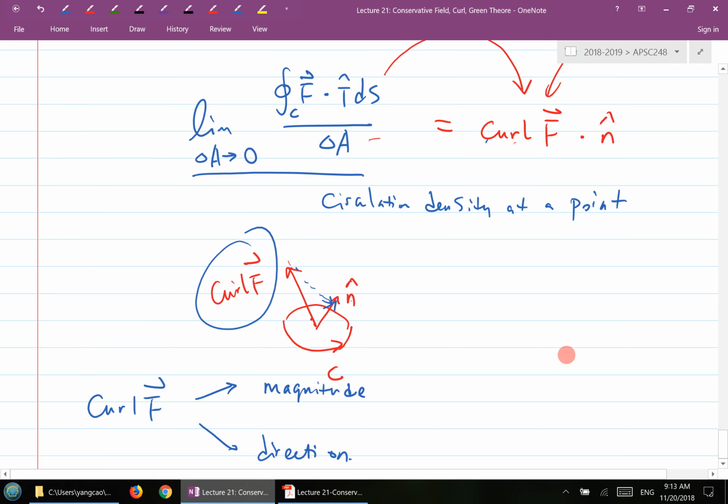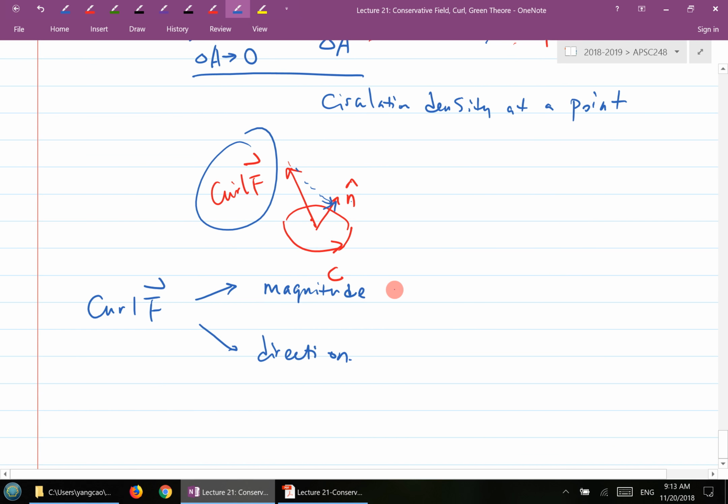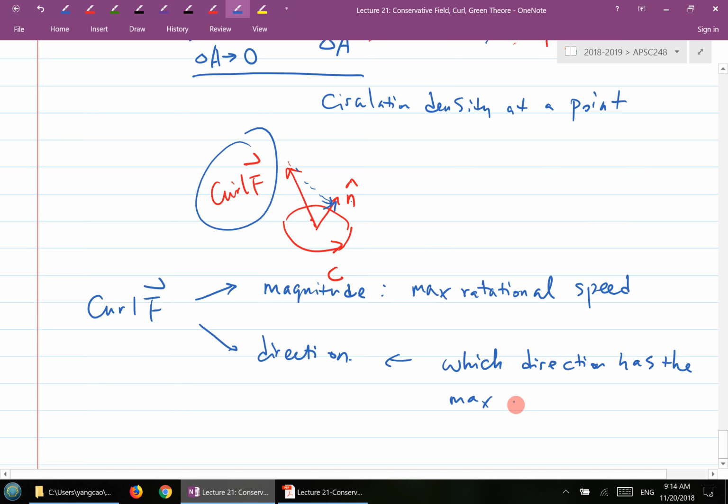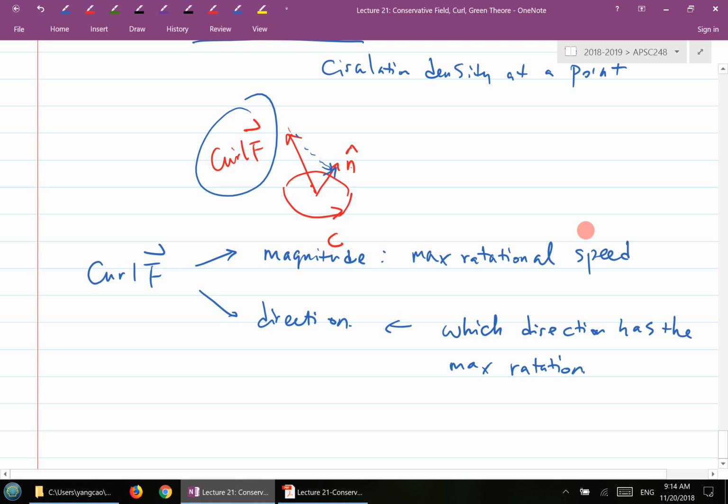If you look at the formula here, the magnitude gives you the information of the maximum rotation, the rotational speed. And the direction gives you basically which direction has the maximum rotation.